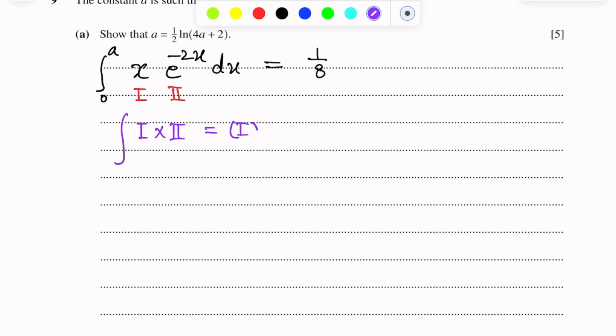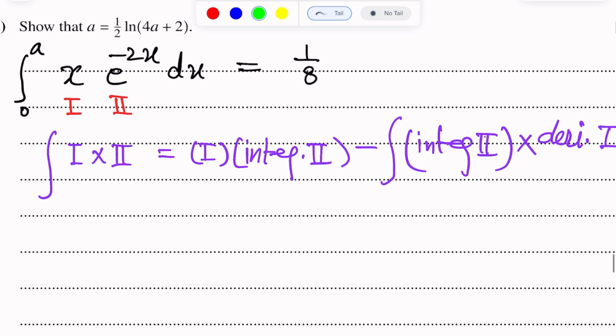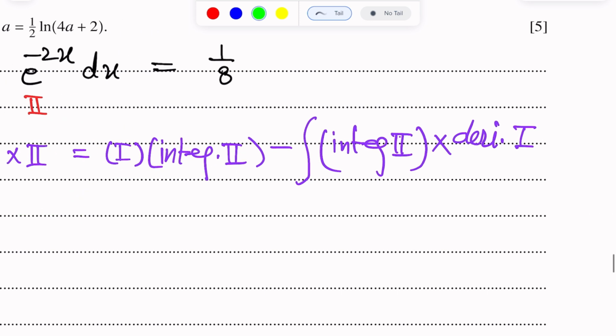The first function we write as such, times the integration of the second function, minus the sign of integration, and again the integration of the second function multiplied by the derivative of the first function.